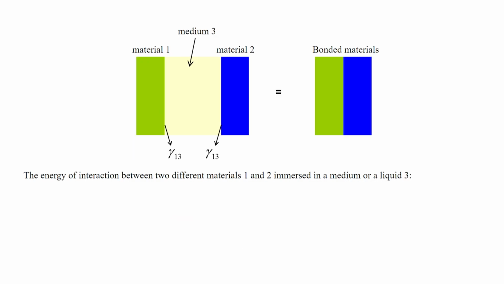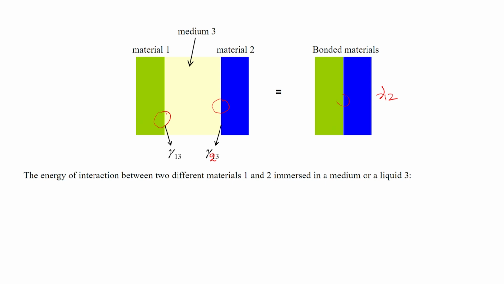Now, let us say that there are two different materials placed inside the medium 3. So, there are two interfaces here, gamma 1 3, this is medium 3, gamma 1 3 here, and let us say this is gamma 2 3 here, and there is an interface here. This interface is gamma 1 2.